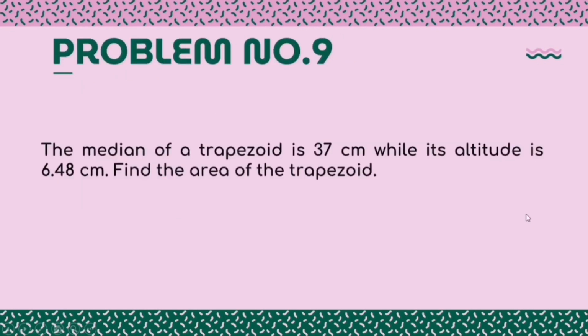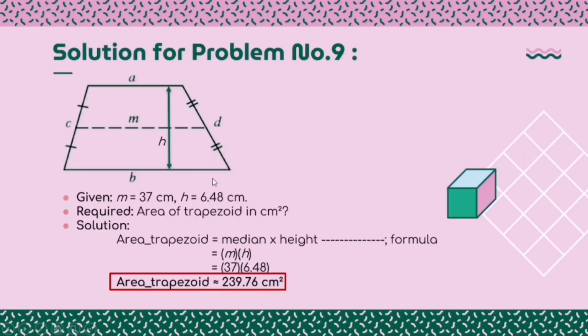Problem number 9. The median of the trapezoid is 37 centimeters, while its altitude is 6.48 centimeters. Find the area of the trapezoid. This is the illustration of the trapezoid, with the median given as 37 centimeters and the height or altitude 6.48 centimeters. The requirement is the area of the trapezoid in square centimeters.